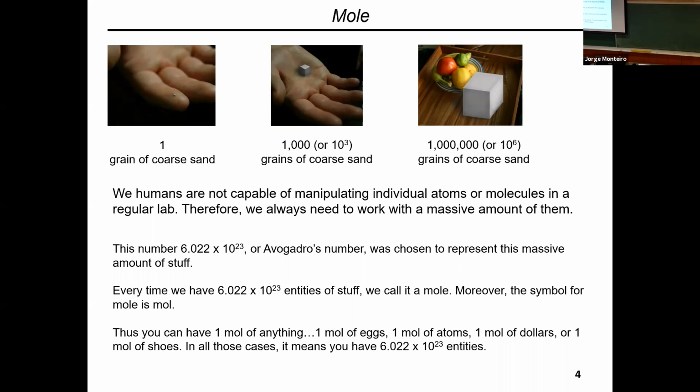And this huge amount is defined as Avogadro's number. By definition, this number is 6.022 times 10 to the 23rd power. So every time we have 6.022 times 10 to the 23rd entities of stuff, we call it 1 mole.